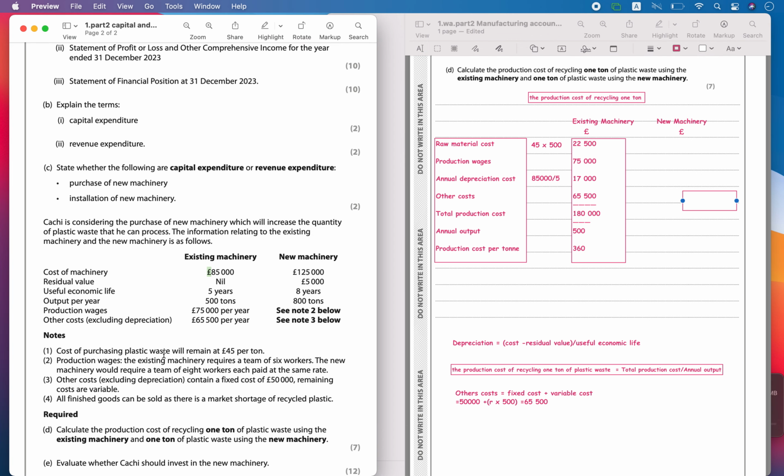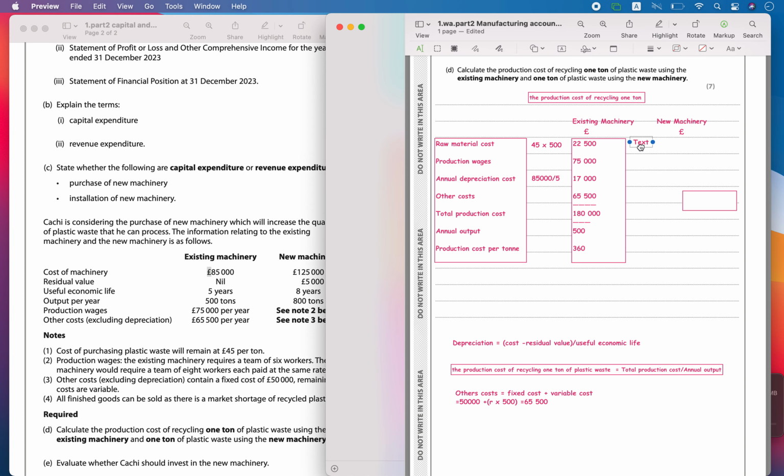The raw material cost for this is going to be 45 pounds per ton for 800 tons. So 45 times 800, that value is going to be equal to 36,000. So let's write that.